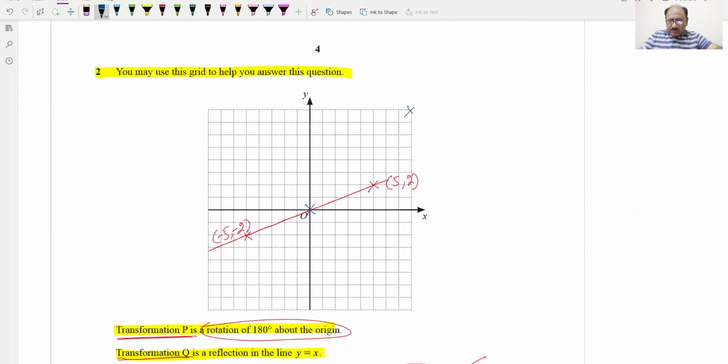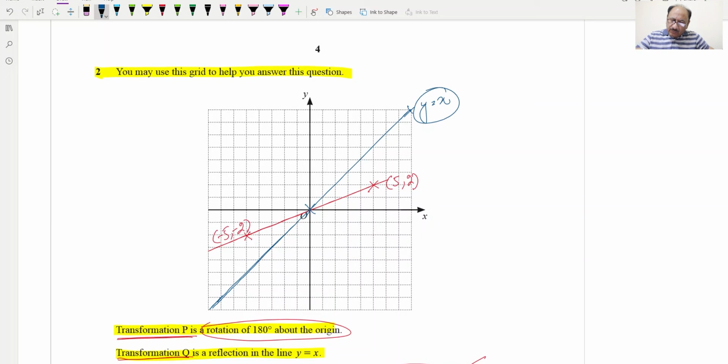So we can take this point and draw the line. The line y is equal to x is basically this line which we have drawn. Hopefully you understood this, and we can write y is equal to x.